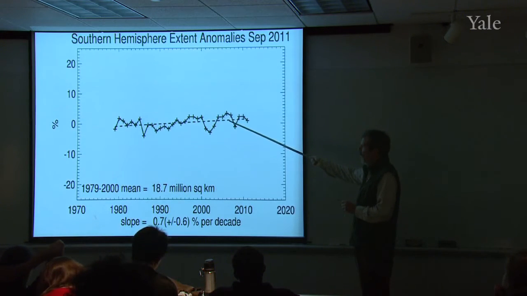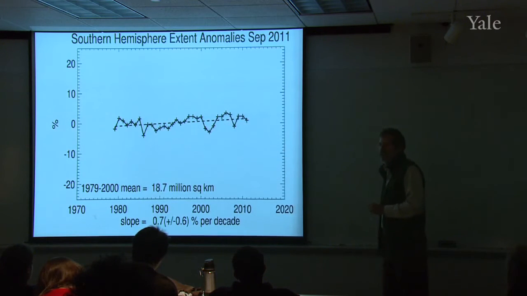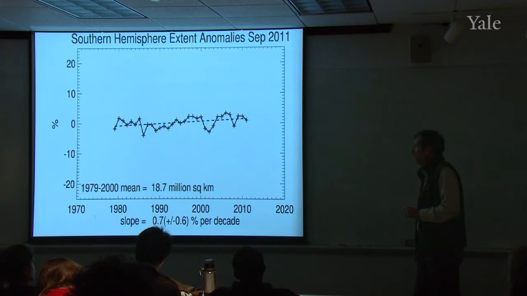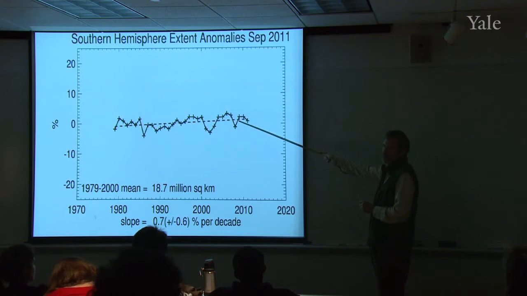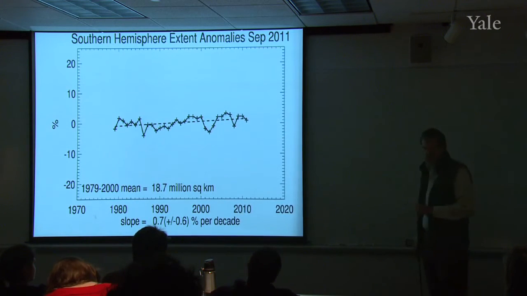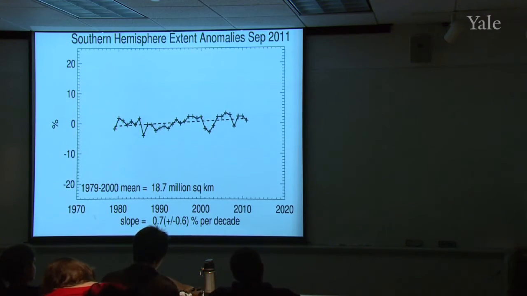When we're talking about things like global warming, we'll come back and refer to measurements such as this one. But remember, this has a somewhat different meaning because this is the maximum extent of sea ice, whereas the other one for the northern Arctic Ocean was the minimum extent of sea ice. Any questions on that?